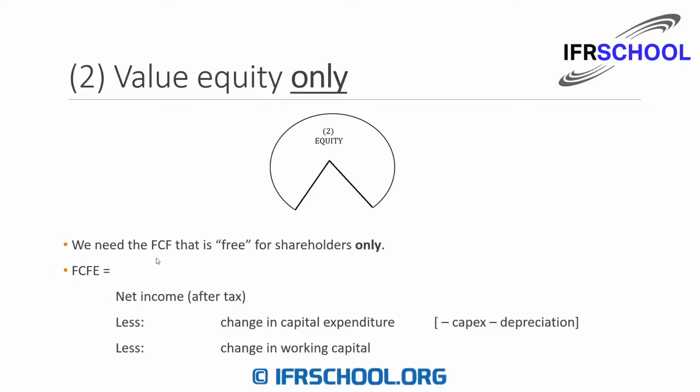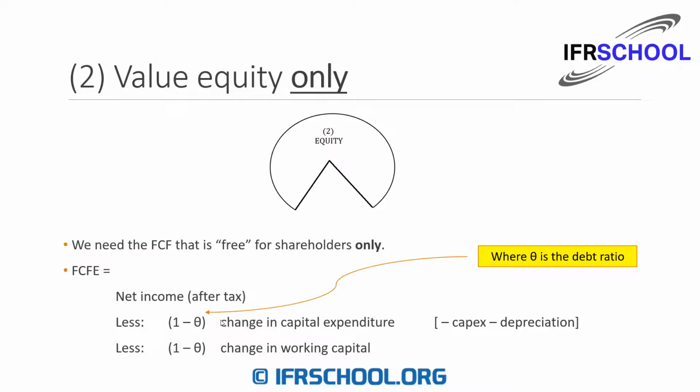We should only subtract off the portion of those additional investments that were paid for by the shareholders. And we can get that portion by multiplying the additional investments by 1 less the debt ratio. The debt ratio represents the proportion of debt in the firm's capital structure.